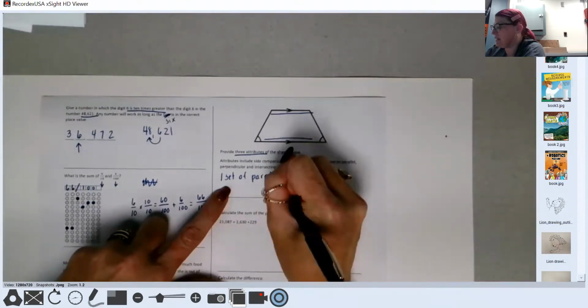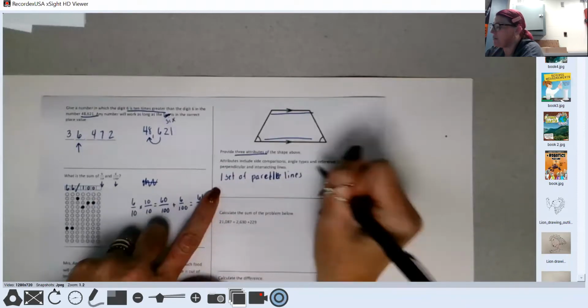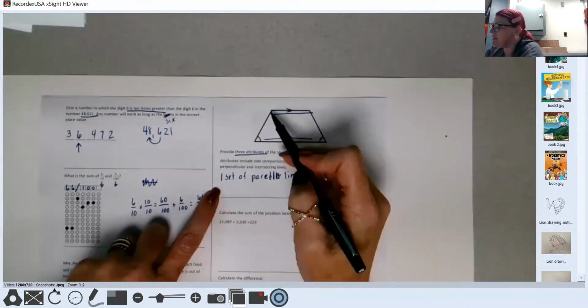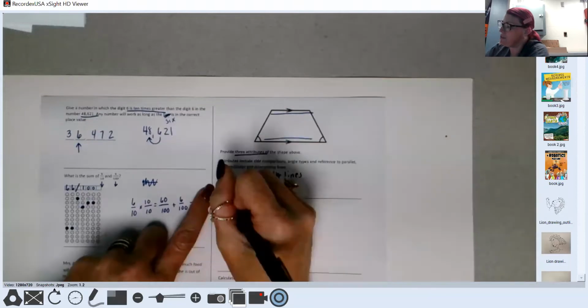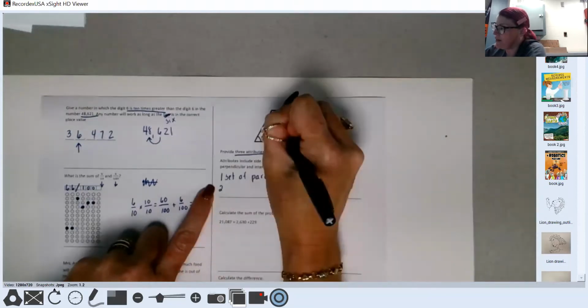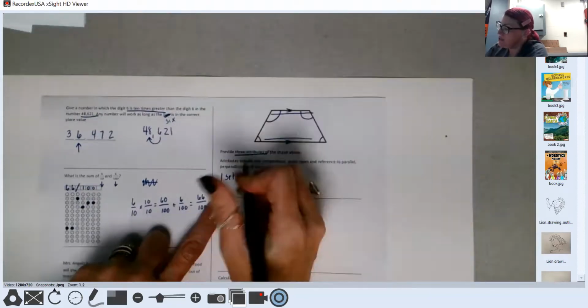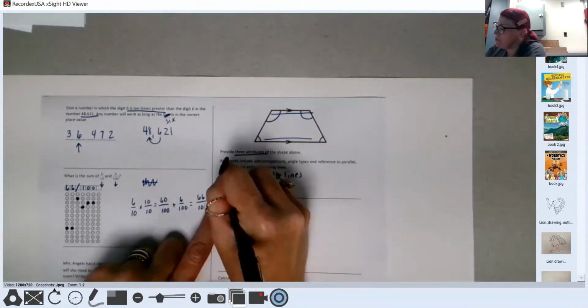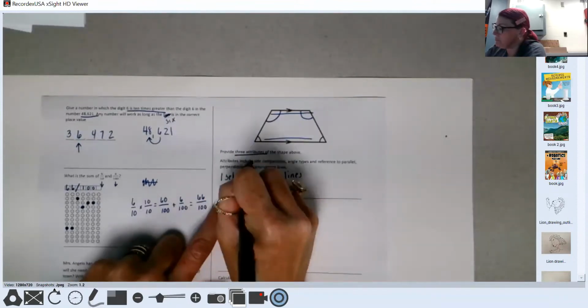P-A-R-A-L-L-E-L, parallel lines. I spelled that wrong. It has 2 obtuse angles. This is obtuse. It's greater than 90. This is obtuse. So 2 obtuse angles.